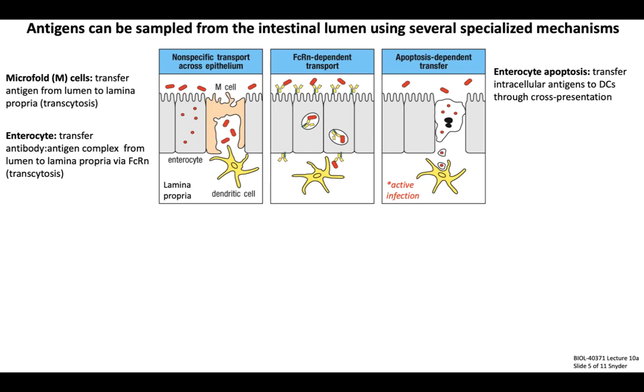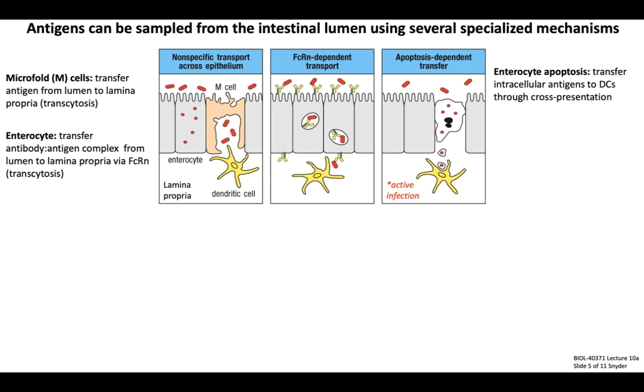On the left, specialized cells called microfold cells, or M cells, transcytose antigens to the lamina propria. In the middle panel, enterocytes will transport antigen-antibody complexes from the intestinal lumen to the lamina propria, and they do this using something called a neonatal Fc receptor, which is also abbreviated as FcRn.